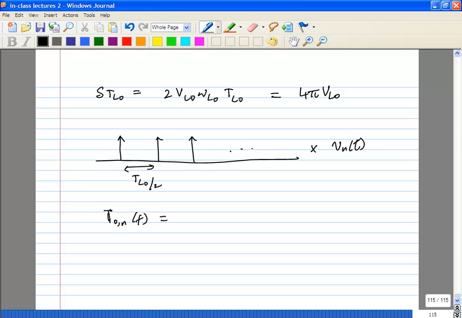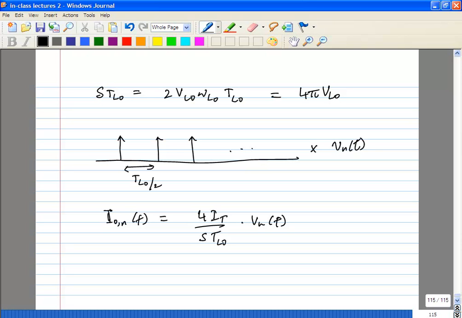Actually I use this capital, and the noise spectrum is going to be 2It over ST times Vn of f. We saw In of t was 2It over S times TLO, Vn of t, and the noise spectrum is going to look like this.